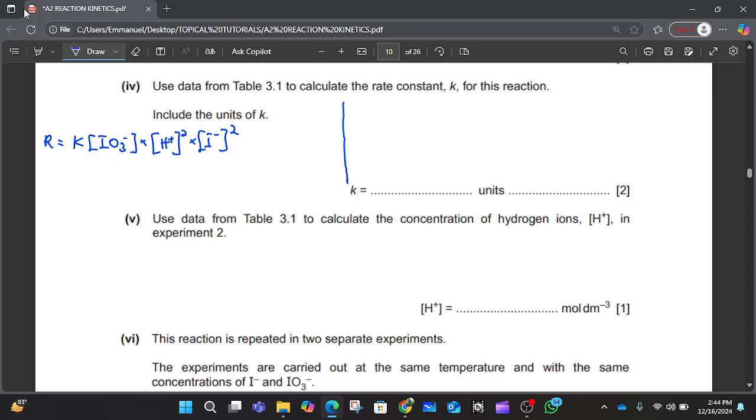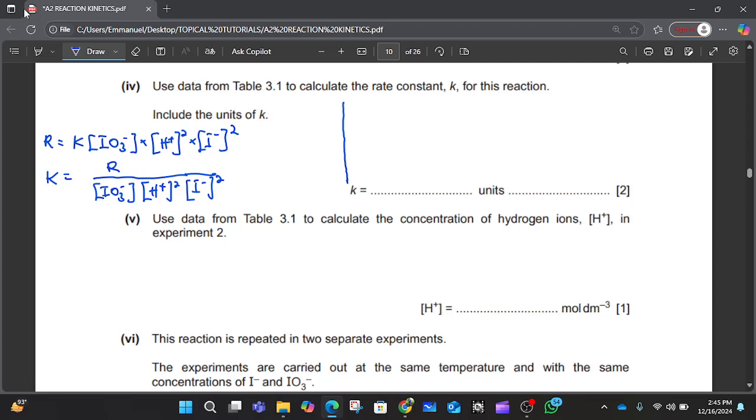So it is second order with respect to H plus and I minus. So we are trying to find k, so we make k the subject. And so k is equal to the rate divided by the concentration of IO3 minus times the concentration of H plus squared times the concentration of I minus squared.